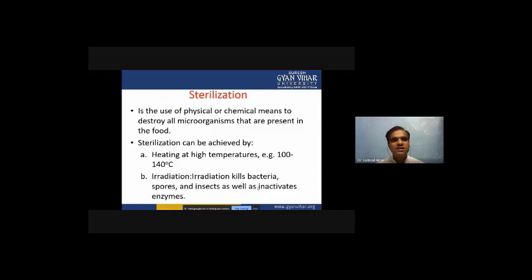And sterilization, where we use physical or chemical methods to destroy microorganisms, and it preserves the food material. Sterilization can be achieved by heating at high temperature, like 100 to 140 degrees centigrade, and irradiation kills bacteria, spores, and insects, and inactivation of enzymes can also be achieved when we increase the temperature.